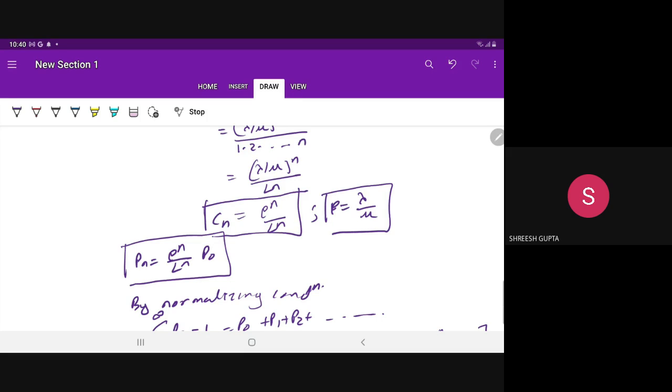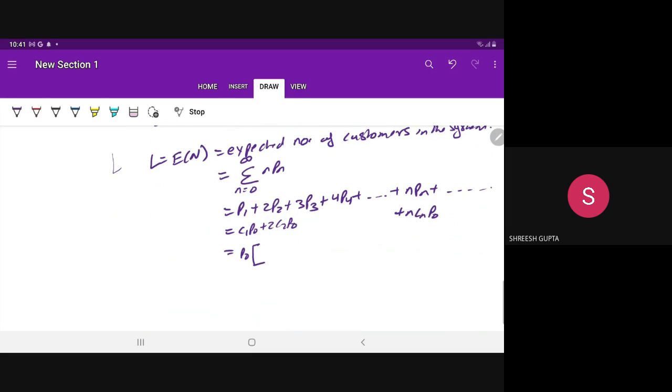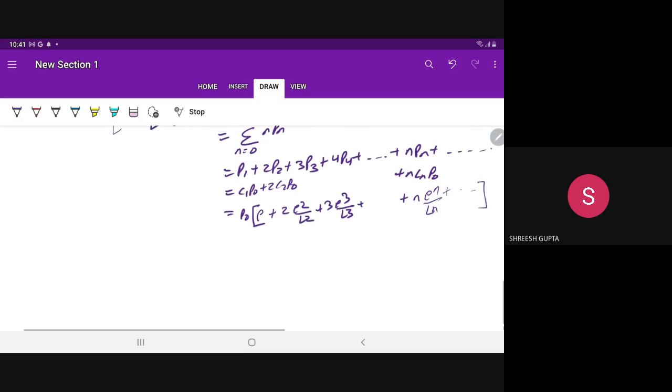Cn is what? Rho to power n upon factorial n. So C1 is rho, then 2 rho square upon factorial 2, then 3 rho cube upon factorial 3, and n rho to power n upon factorial n and so on.